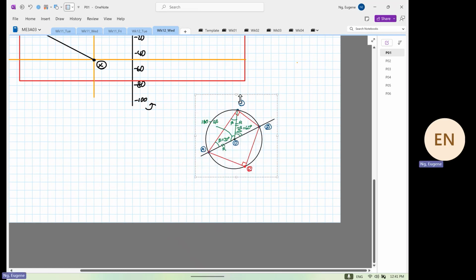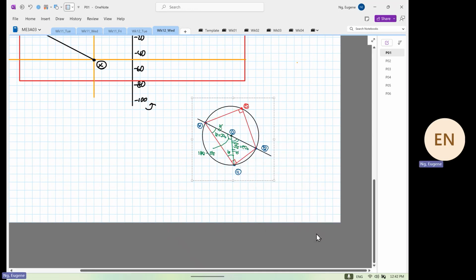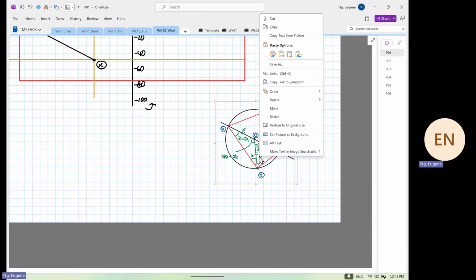So this is the rules of the circle. Now allow me to rotate. If I were to rotate this, I'm going to flip vertical. It's not perfect. Stupid software, only two directions.